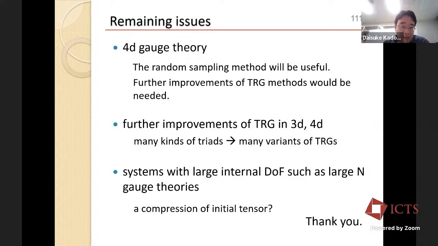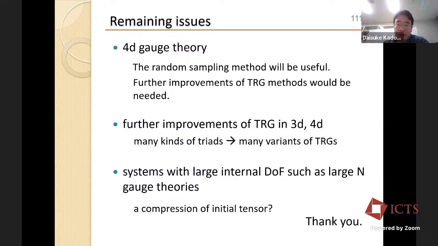And I think the most difficult problem is to compute systems with large internal degrees of freedom, such as large N gauge theories, because the size of the tensor is very large for large N gauge theories.